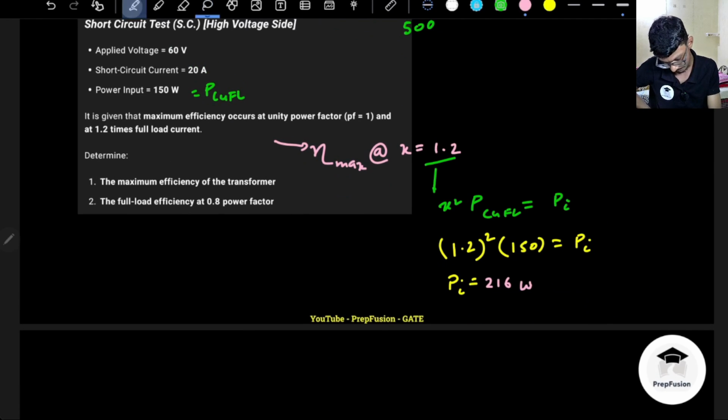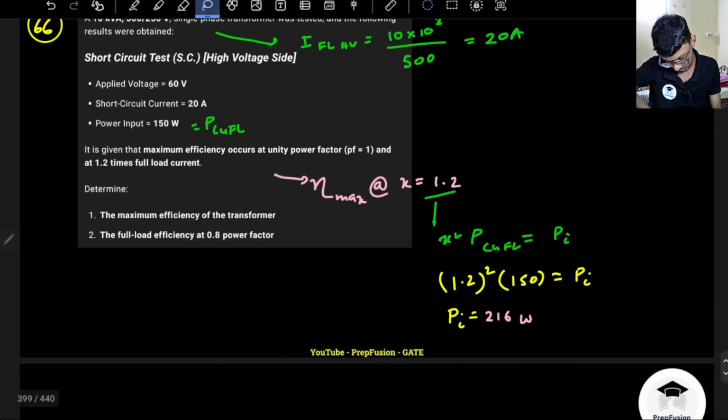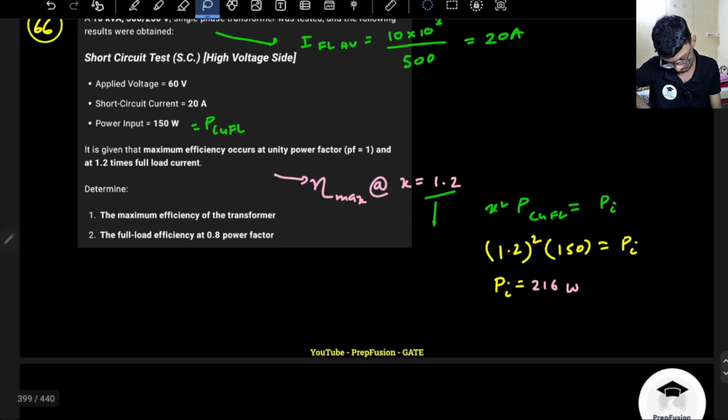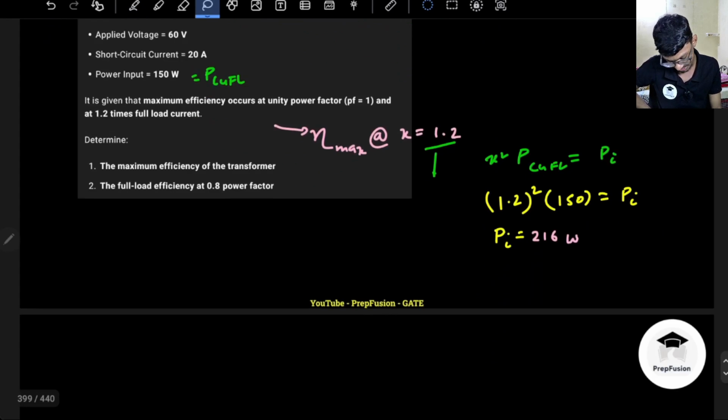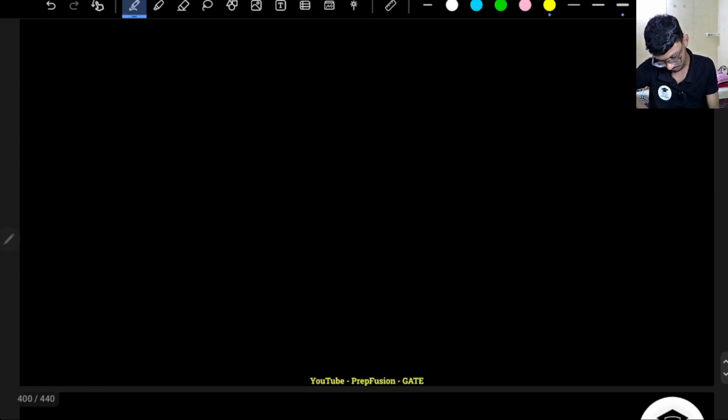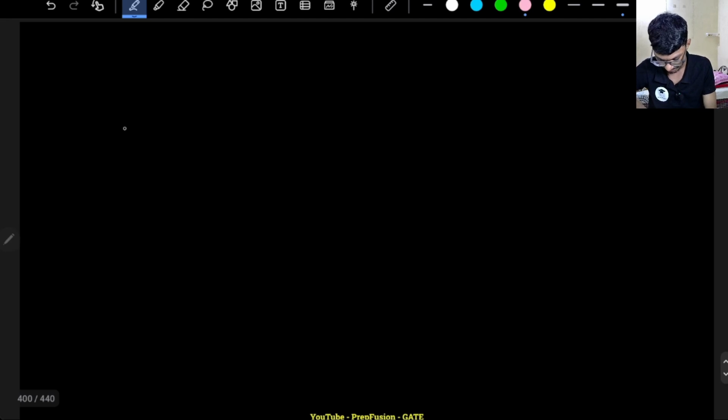Now what do we need to do? Basically, we have to find the maximum efficiency. What is the efficiency formula?